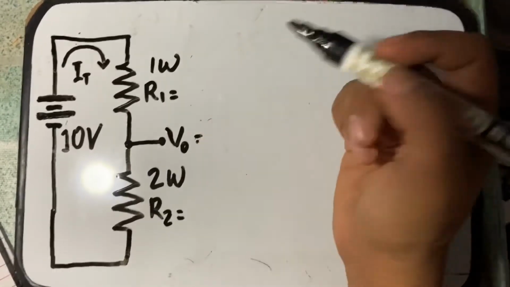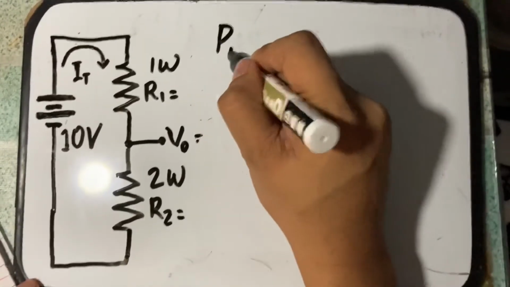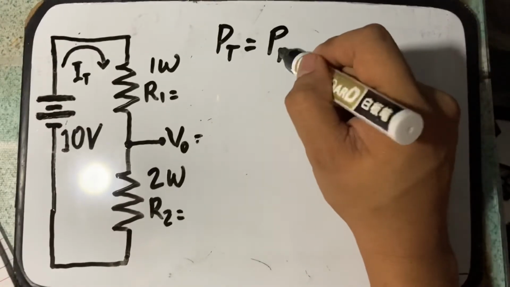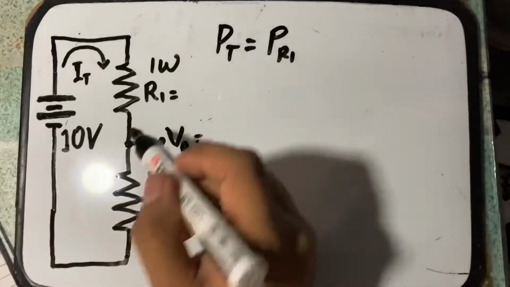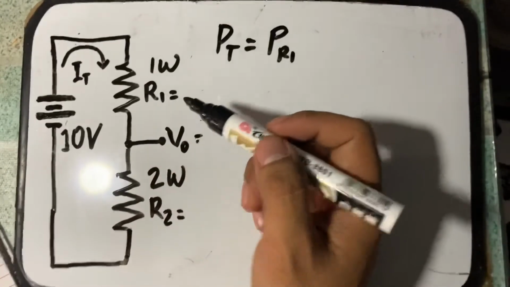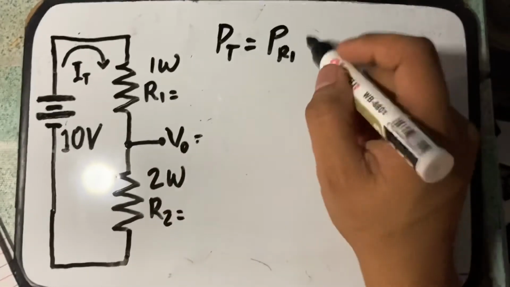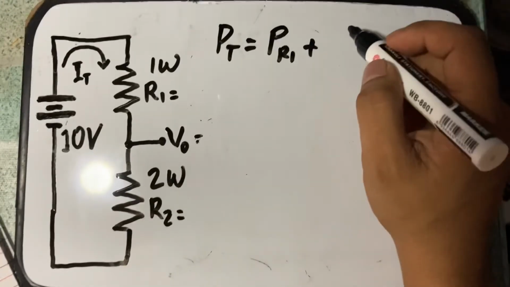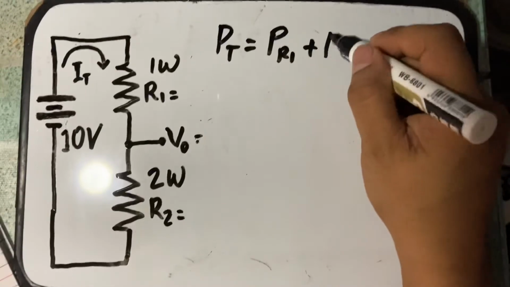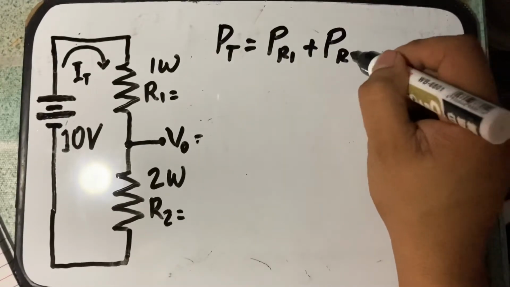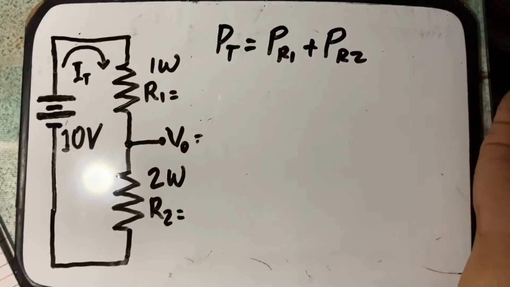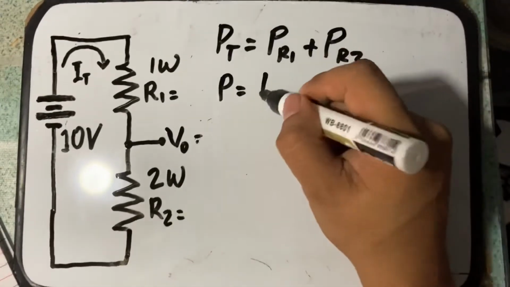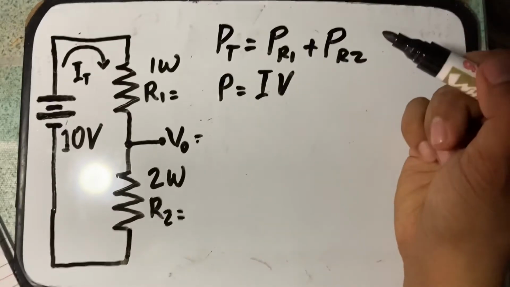So total power ay equal to power across R1 plus power across R2. So summation lang siya whether series or parallel, yung total power natin is mag-a-add lang. So yung power formula naman natin is equal to PIV.